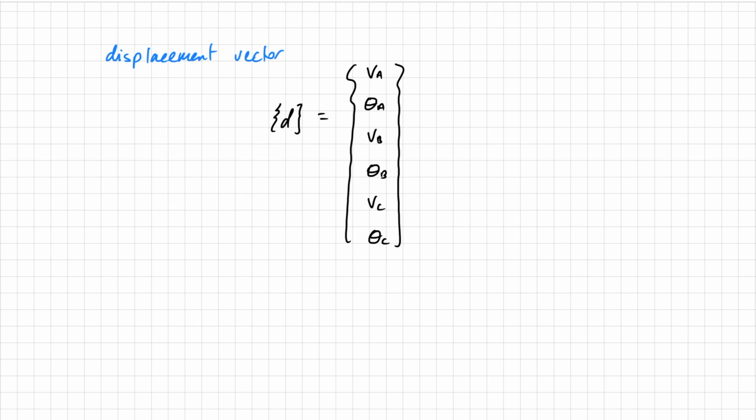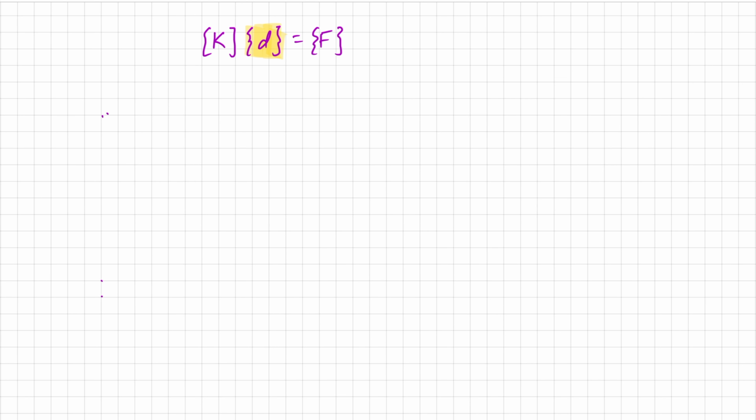And now that I know what everything looks like, I can look back at my stiffness equation, which is the stiffness matrix times the displacement vector equals the load vector. And obviously, what I'm looking for is this D. So if I write this out, I have a stiffness matrix.